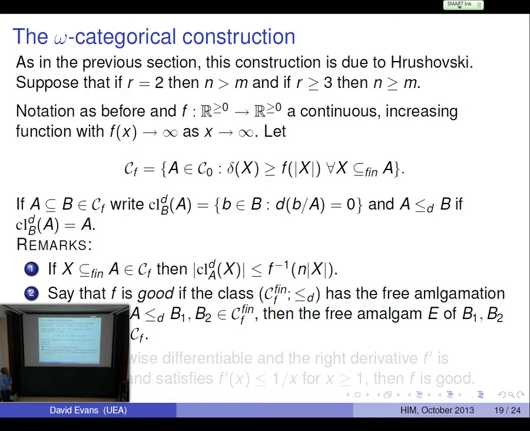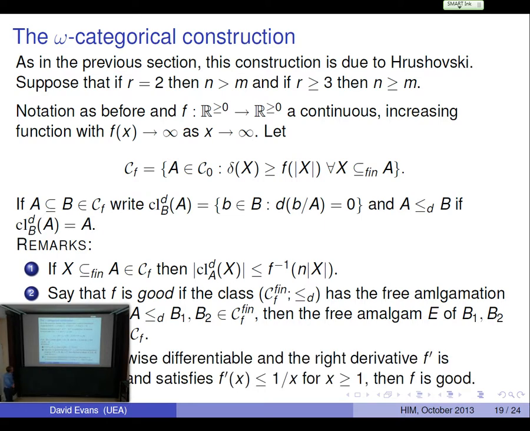We will say that a function is good if the finite structures in this class, together with this notion of being a strong substructure, has the free amalgamation property. So that means that if A is closed in B1 and B2, then the free amalgam of B1 and B2 over A should still be in the class. Well, that's not very exciting unless there are some good functions.